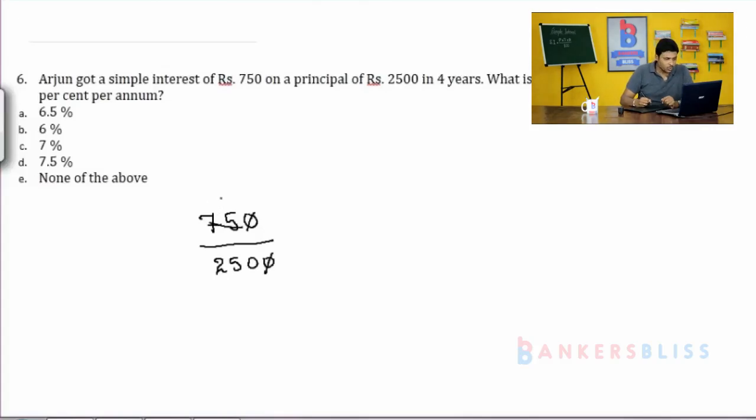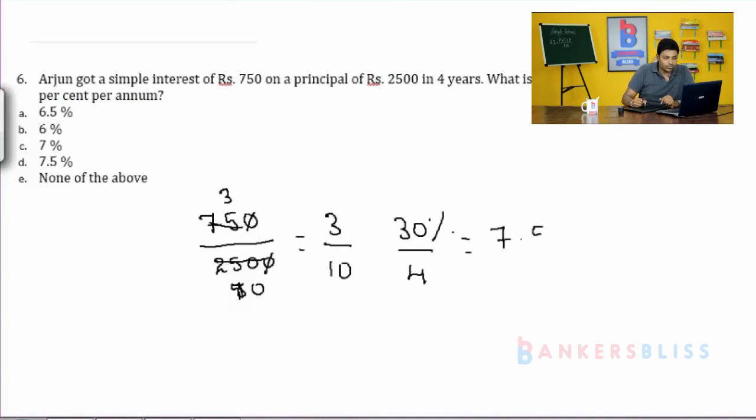Both are divisible by 25: 25 3s are 75, 25 10s are 250, so you will get 3 by 10. 3 by 10 means 30%, that is for 4 years. So per year it is 30 by 4: 4 7s are 28, 2 carry over, 4 5s are 20, so 7.5 percent.